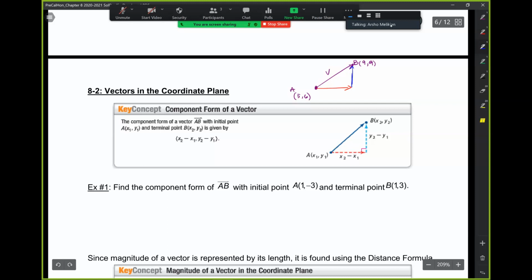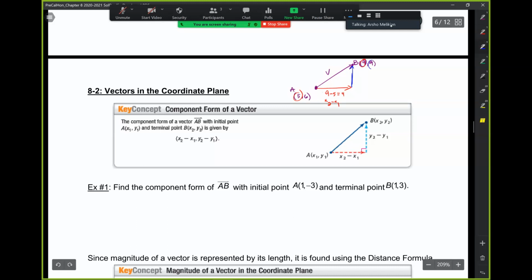Using the coordinates, is there any way to figure out the length of the red component, the x component? Yeah? So I would just do 9 minus 5, and that would be a length of 4. So what did I do for that one? I did x2 minus x1.